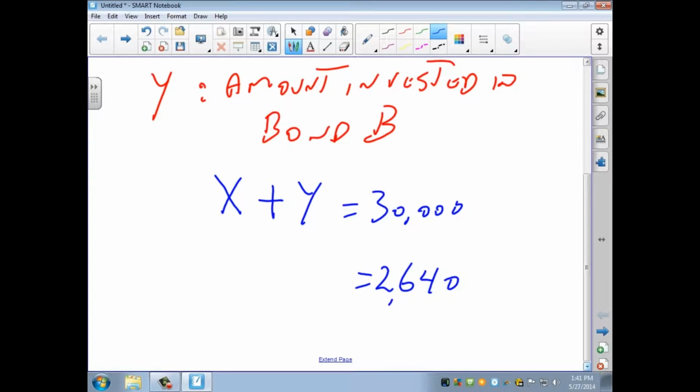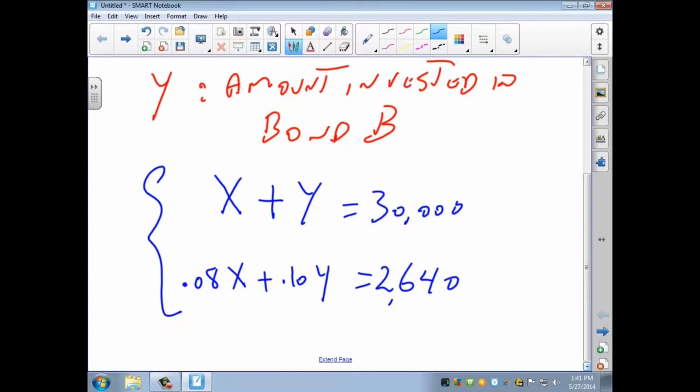Bond A is paying 8%, so it would be 0.08 times X. How much is she getting out of bond B? That's 10% of the amount invested, so it's 0.10 times Y. Therefore, these would be your two equations, two equations you have to solve simultaneously for X and Y.